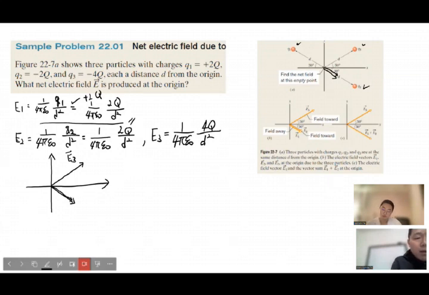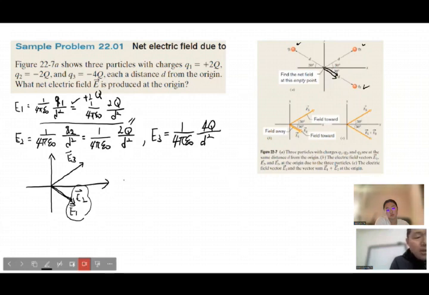So there are two electric fields aligned in the same direction, E1 and E2. So what you need to do is just add these two fields together because they are pointing in the same direction. And then you add the resulting field vector with the E3.